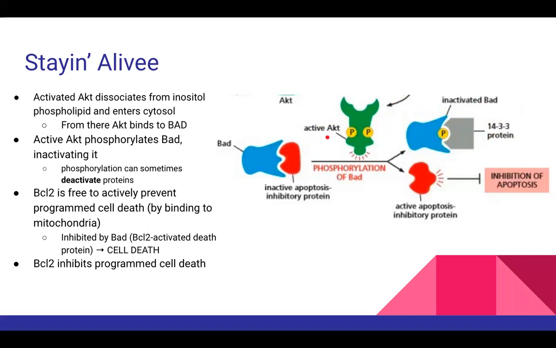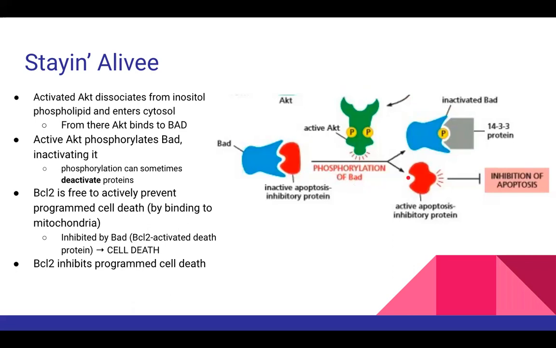And so this is a good thing for this pathway because when active AKT comes along and phosphorylates BAD, it makes BAD inactive. And BAD is holding BCL2 in captivity. So when BAD is inactivated via the phosphorylation by AKT, the BCL2 protein is now free in the cell to go and do its job.